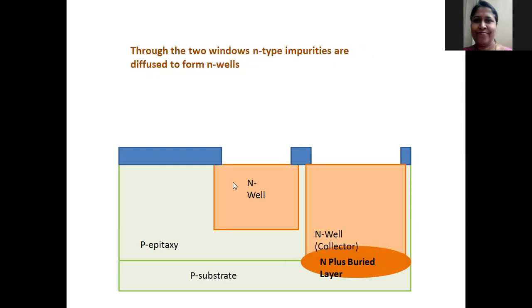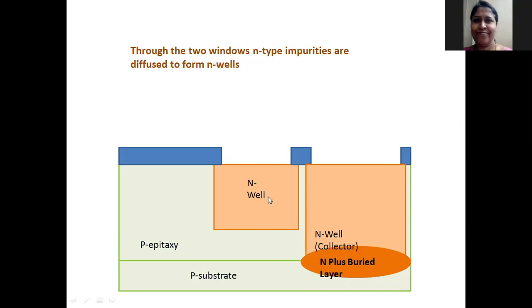In this exposed region, we have to conduct diffusion or implantation to develop N-well structure here and another collector structure here. So if you want to do this, you have to use N impurities in the form of diffusion.